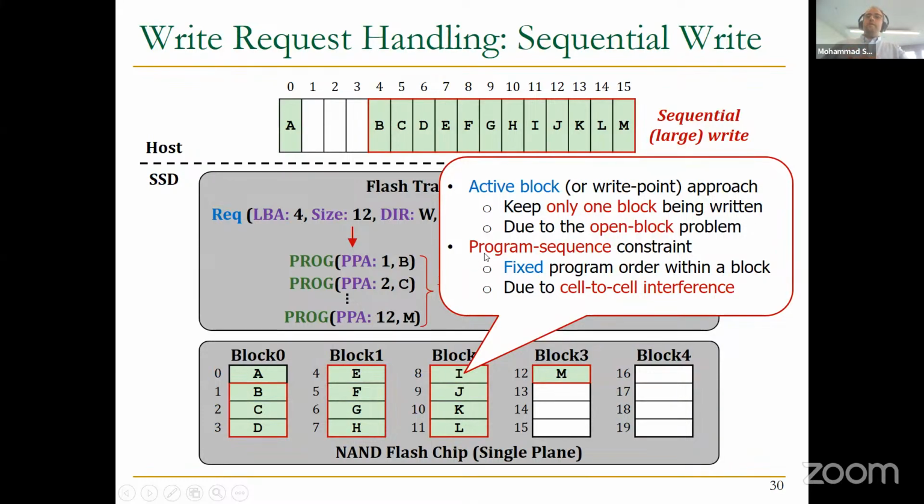Also, we'd like to have the program sequence constraint, that is, a fixed program order within a block. So we try to continue our writing on the same block that is already open. That's the reason that we continue writing to the same block. When we are done with block 0, we go to block 1. When we are done with block 1, we go to block 2, and then block 3.